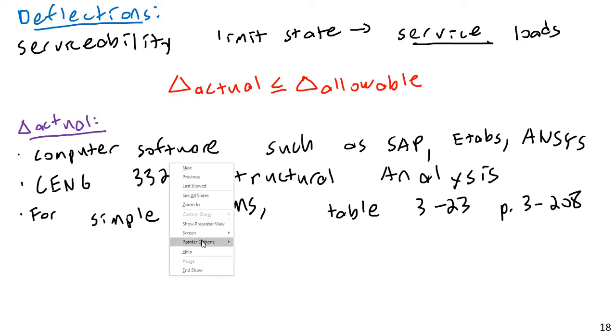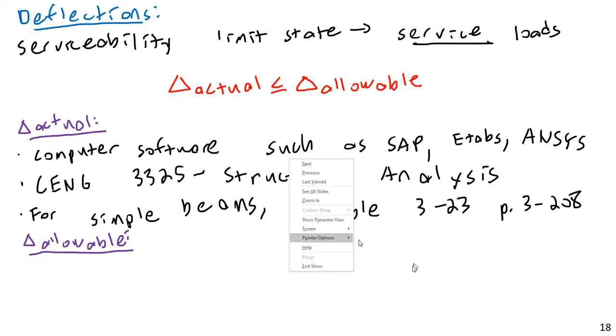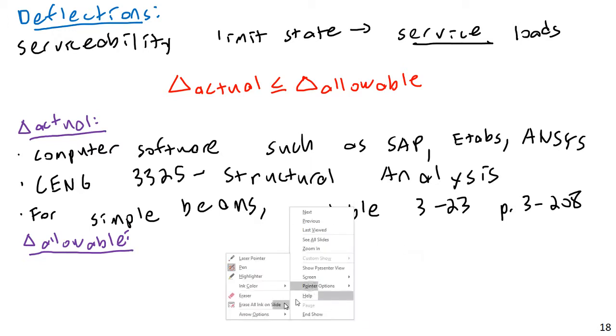But then delta allowable here. How do we get this? Well, really, this is usually given, at least for beams, in terms of ratios of beam length.